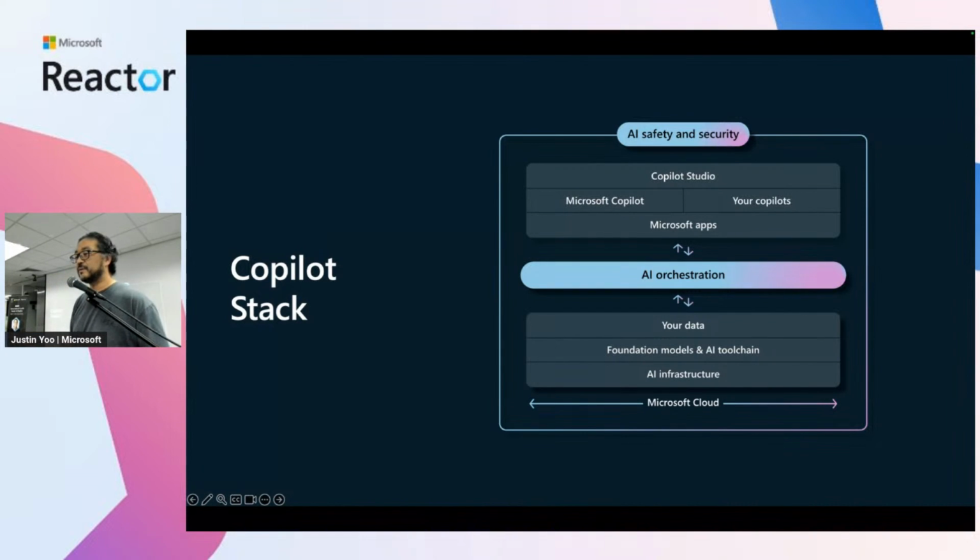I'm going to talk a little bit about the foundation models we as Microsoft provide, the orchestration engine we have, the AI toolchain that we provide, and how we integrate with data sources. And the tooling we use for that is Azure AI Studio.